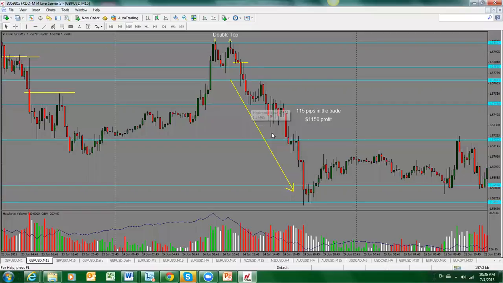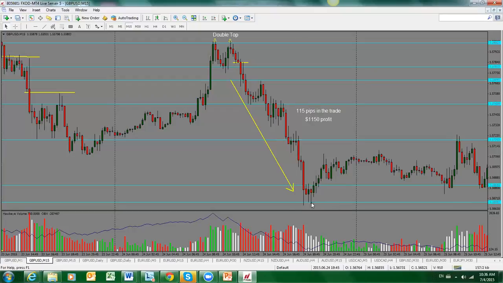As you see, the price came down quite a bit. It started at 5,800 and came down to 56.68, so there are about 168 pips in this whole trade. If we entered in here somewhere, we would get 115 pips. We're not going for the entire move. Out of the 168 pips, we are going for about 115 pips, which is where we would see this setup, kind of like a double bottom as well.